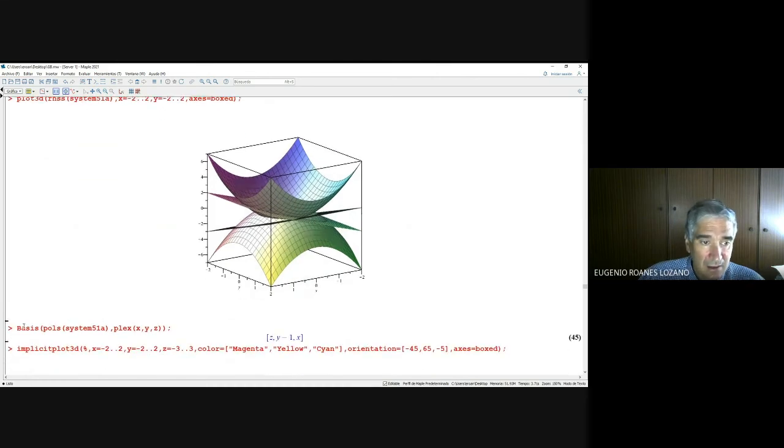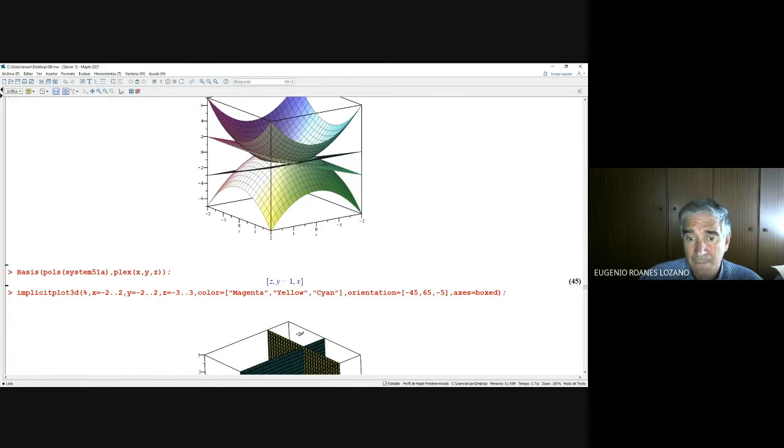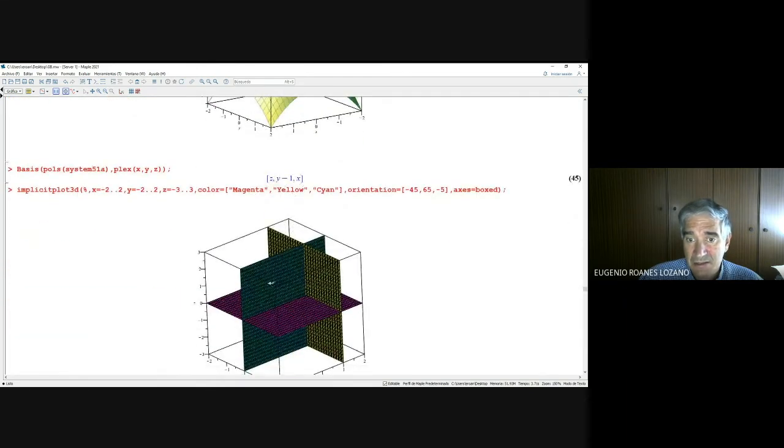The Gröbner basis returns three planes parallel to the planes containing two coordinate axes, and the description is as simple as these three planes because it's describing this point.